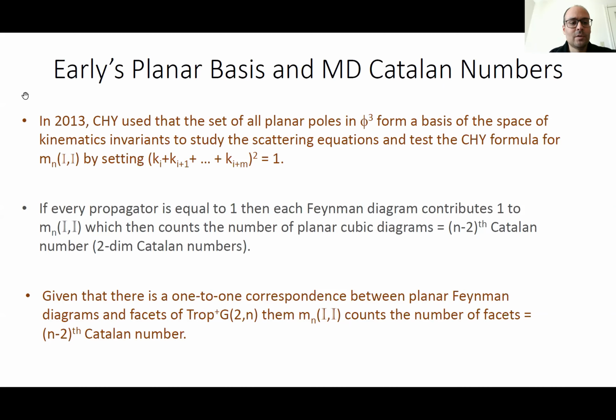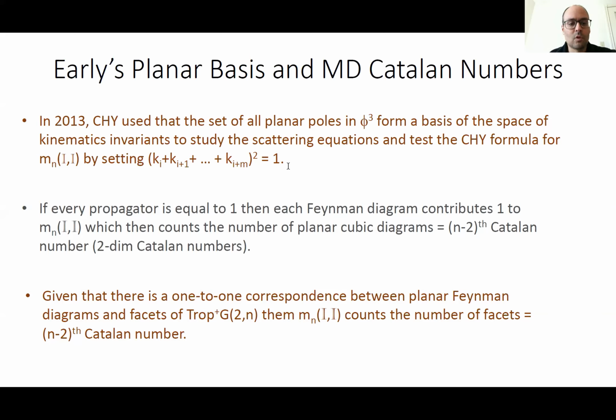So I'm gonna tell you about a generalization that I find very interesting. In 2013, CHY used the fact that the set of all planar poles in phi cubed form a basis of the space of kinematic invariants to study the scattering equations and test the CHY formula for the identity by drawing a partial amplitude by setting all of these to 1.